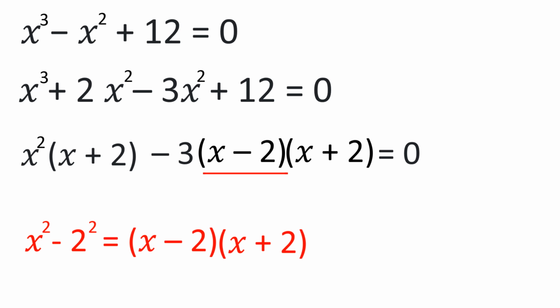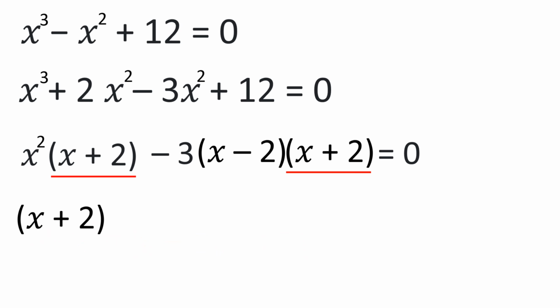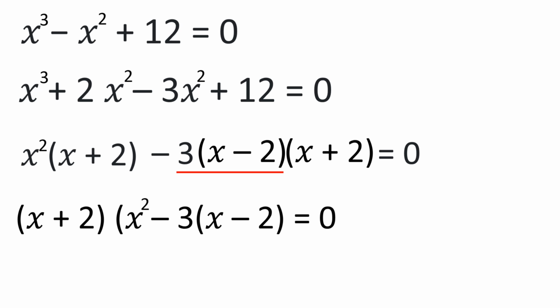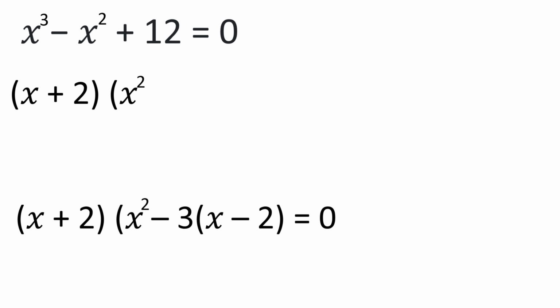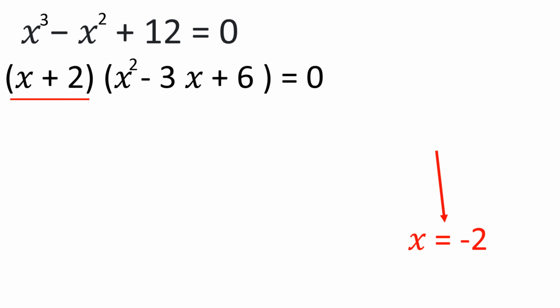So take x plus 2 as common from both of them to get x plus 2 times the expression x squared minus 3 times x minus 2 equals 0, or x plus 2 times x squared minus 3 times x plus 6 equals 0. Then this will give one of the roots as x equals minus 2.